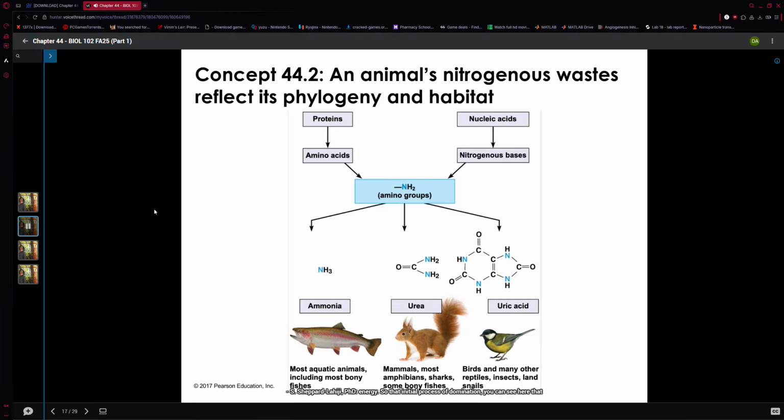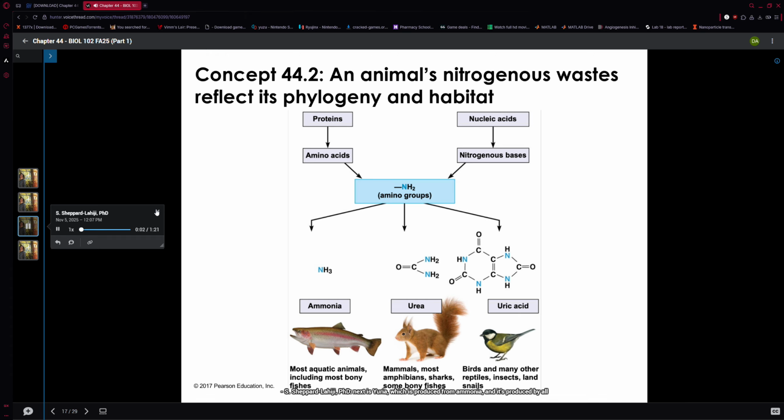So that initial process of deamination, you can see here that there's not much change taking place, but we have our waste. So there's less energy involved in the production of ammonia, but the disadvantage would be that a ton of body water is needed in order for the ammonia to be diluted enough that it is going to be safe.